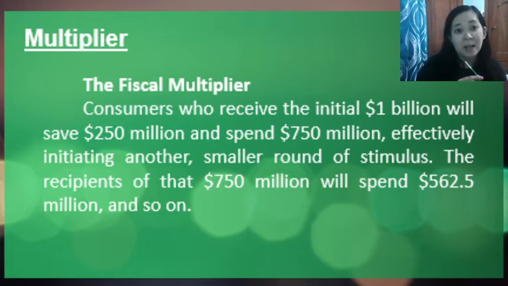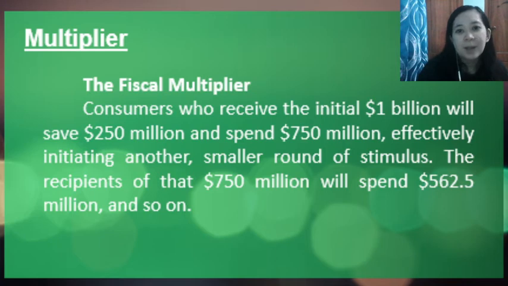The recipient of that $750 million will spend $562.5 million, and so on. How much is 562.5? That's also 75%. Meaning, every time they receive something, 75% of it will be spent for consumption and 25% will be saved. That's how it works.